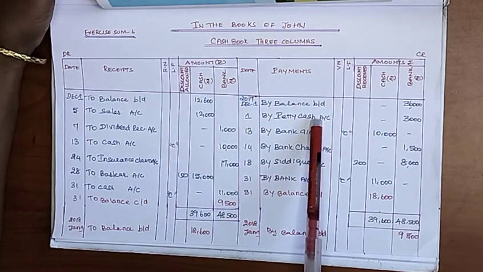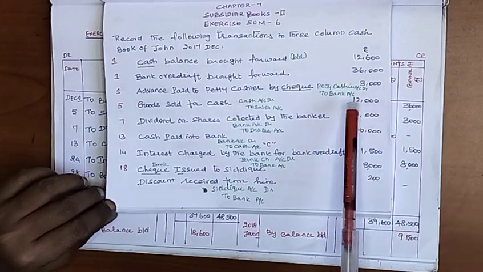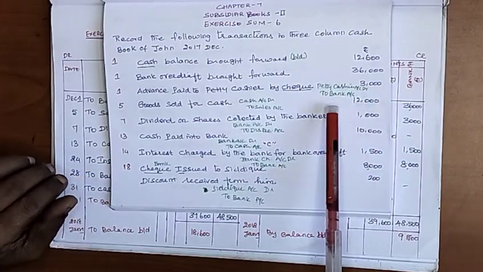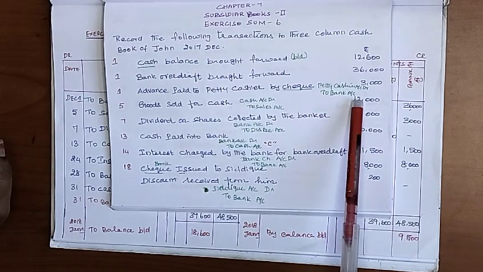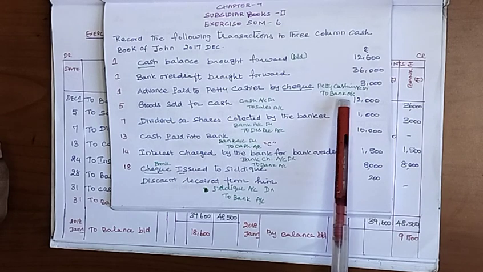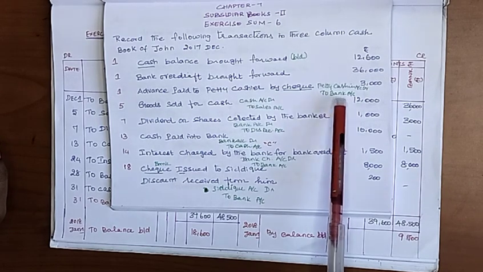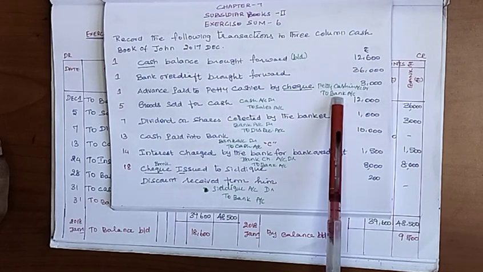By petty cashier account, we enter the amount 3,000 rupees in the credit side bank column, because the bank account is on the credit side. The clue is in the journal entry.